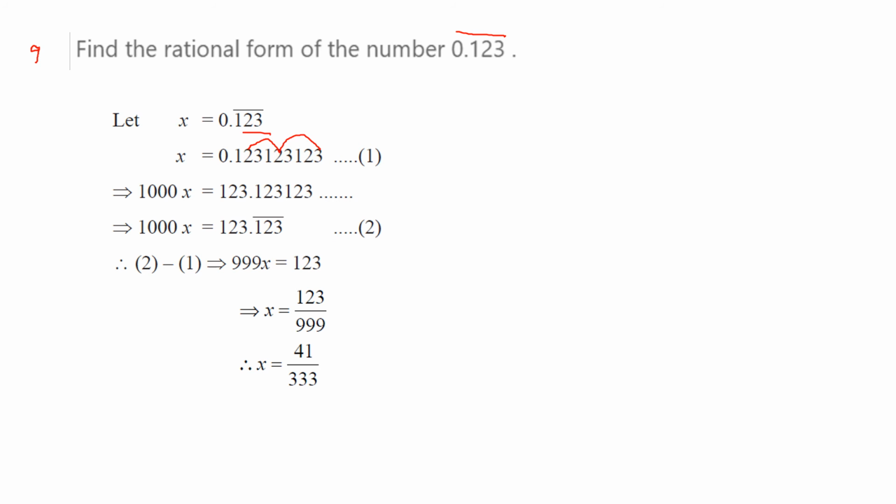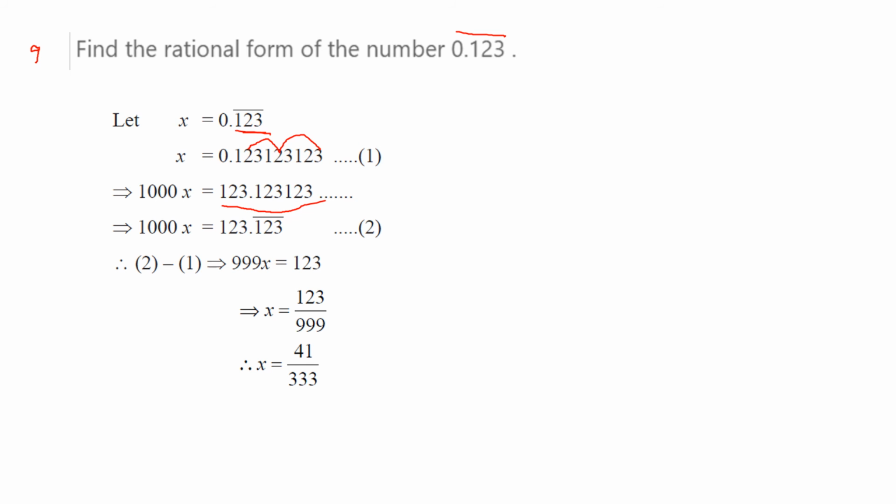So next, first we can multiply with 1000, because here the point after 3 digits is given, which means you can multiply by 1000. If you multiply, the point will move to the right hand side, and here we get the whole number 123 point.